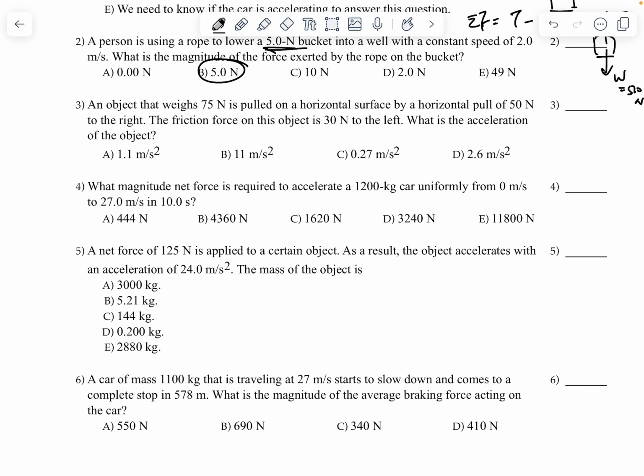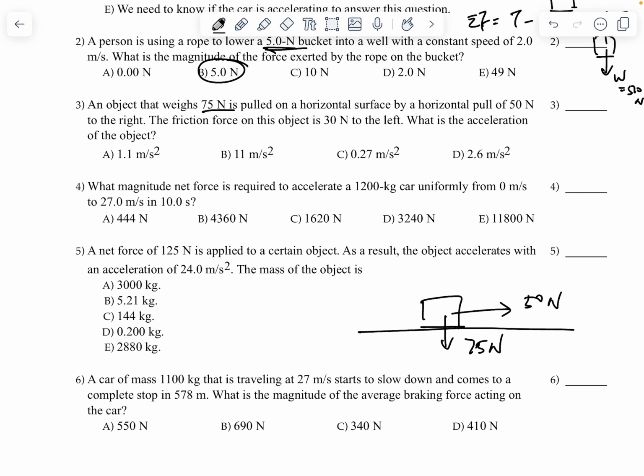An object that weighs 75 Newton is pulled on a horizontal surface by a horizontal pull of 50 Newton to the right. So let's just put it here: this guy, 75 Newton, pulled 50 Newton to the right.